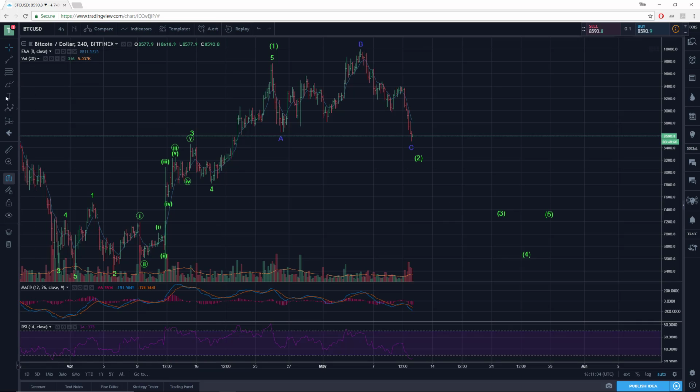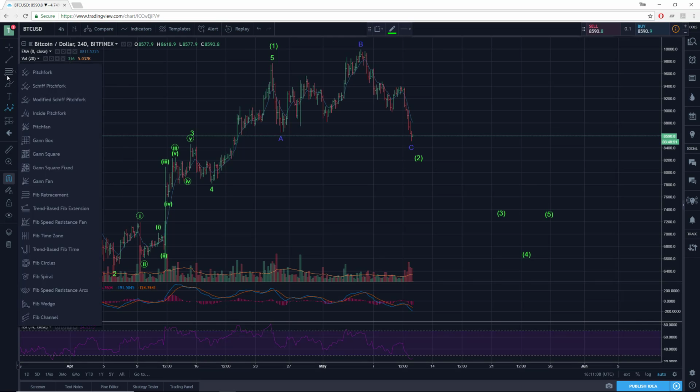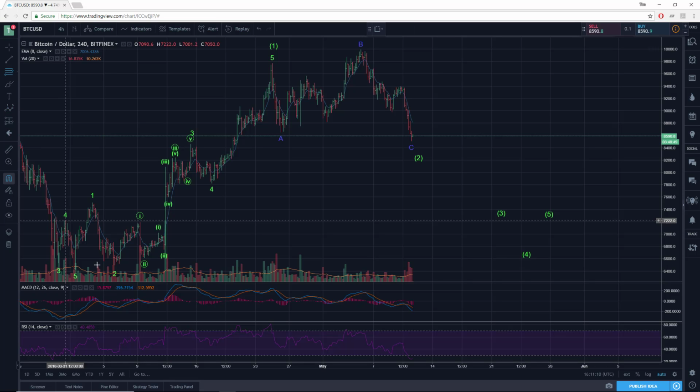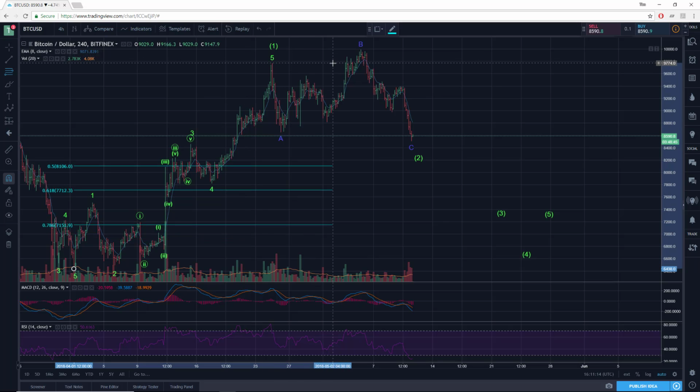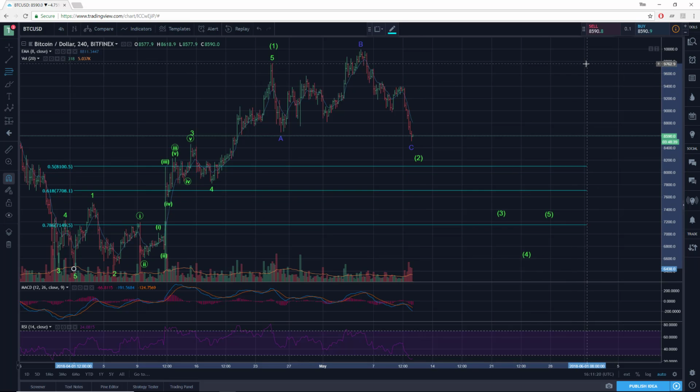And what are some other levels we could look for? We could do a Fibonacci retracement just of this overall wave one up here. Let's just bring it over there a bit. And 50% would come in around 8,100. The 618 would come in around 7,700, okay?